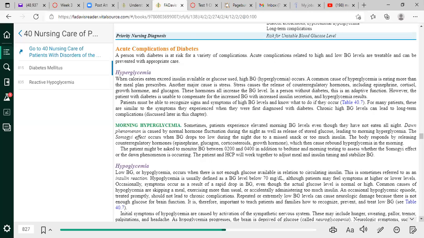Skipping a meal can cause hypoglycemia. Exercising more than usual can cause hypoglycemia. Administering too much insulin can cause hypoglycemia. Repeated or extremely low blood glucose levels can cause neurologic damage because there's not enough glucose for the brain to function.